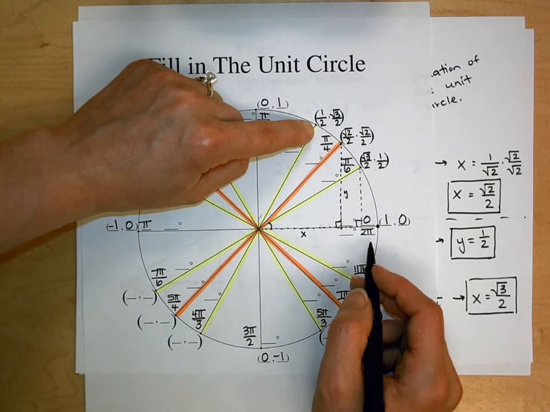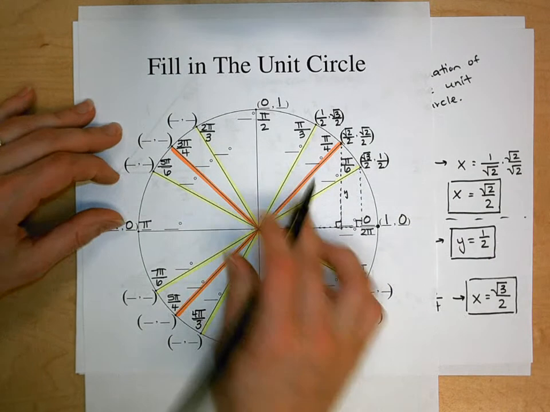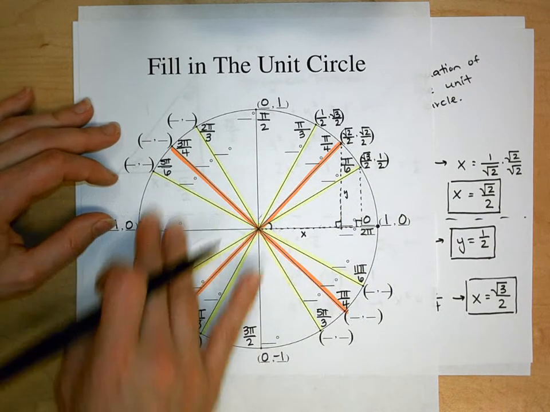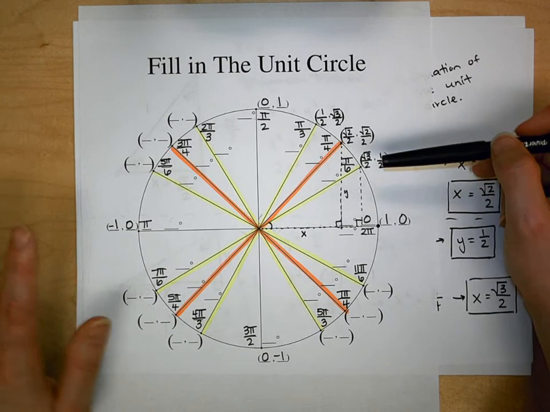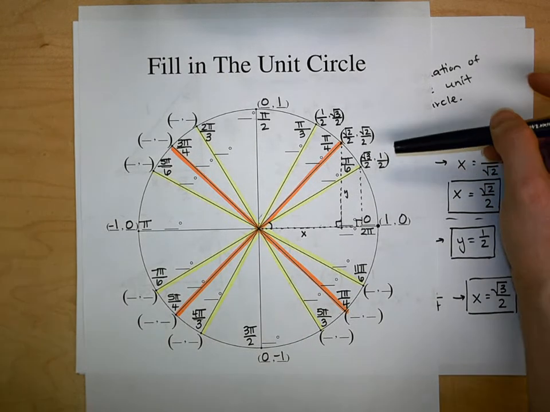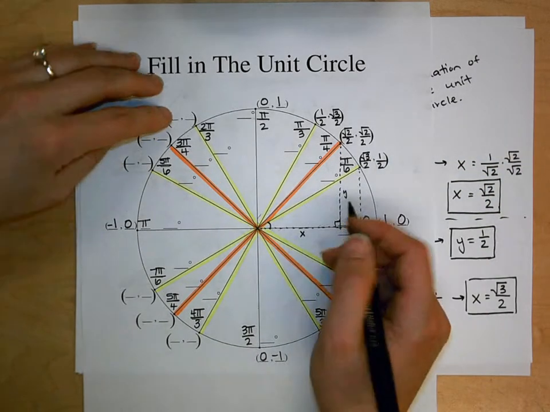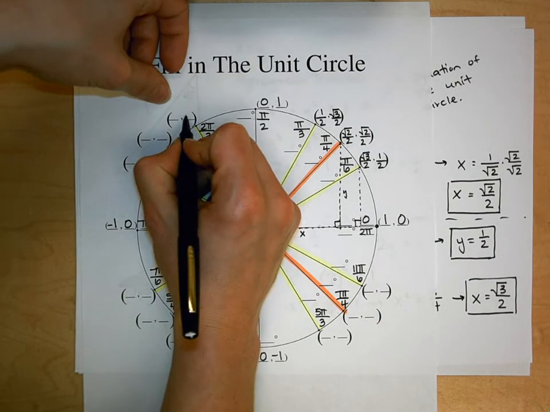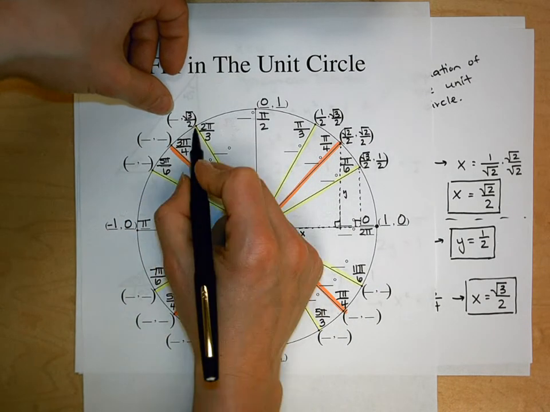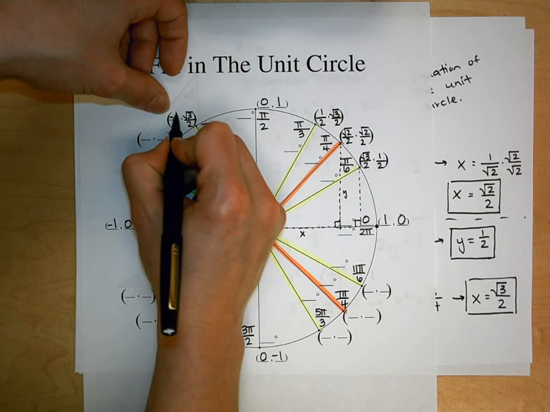Okay, now that I have the first quadrant, it's going to allow me to get all of the rest of them because they're all going to be the same values, just different signs, depending on which quadrant it's in. So if I look here, for example, the y-coordinate is the same, √3/2. The x-coordinate is the same, but it's negative, -1/2.